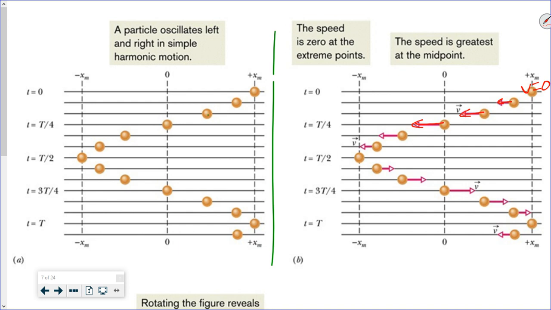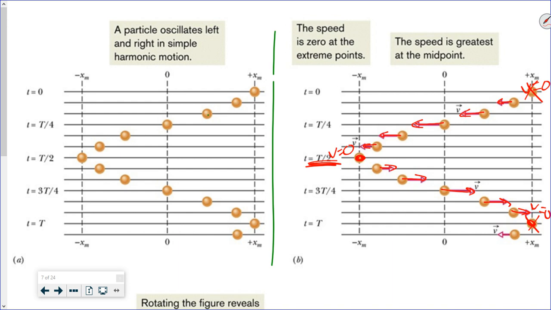Then the restoring force pulls it backwards and slows it down until it stops again. Notice it stops after half of a period. Then it goes back the other way, speeds up until it gets to equilibrium. Then the restoring force slows it down, and stops it. So notice it stops twice in the course of the period. You can't count this one and this one, just count one or the other.